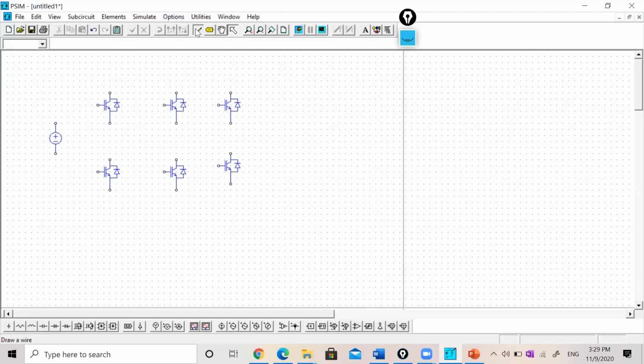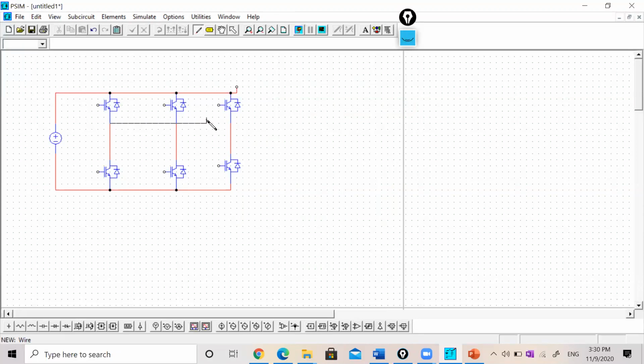So let us just connect them. Okay, these are our basic circuitry.